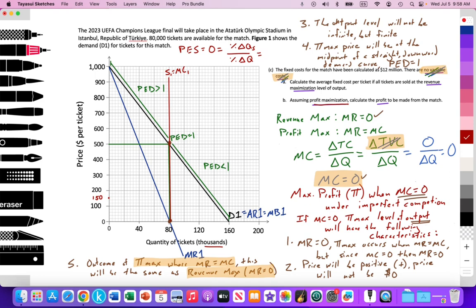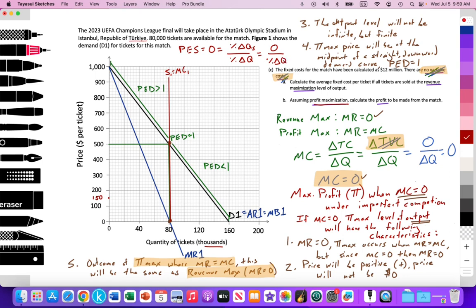But the change in the quantity supplied is going to be no change. Price can go up and down. The quantity of output of 80,000, I can raise price to 1,000, I can lower price, but the quantity of seats in the stadium does not change. I'm not going to build more seats or destroy seats in the stadium.